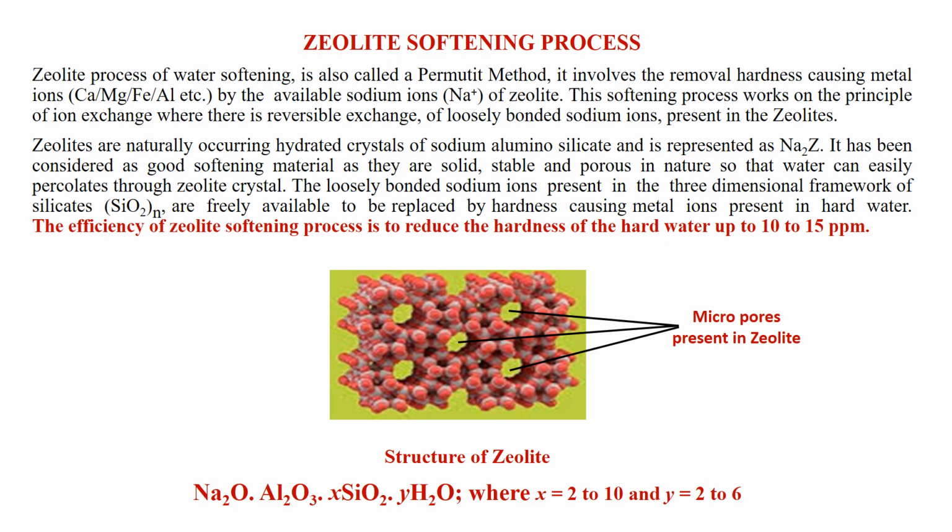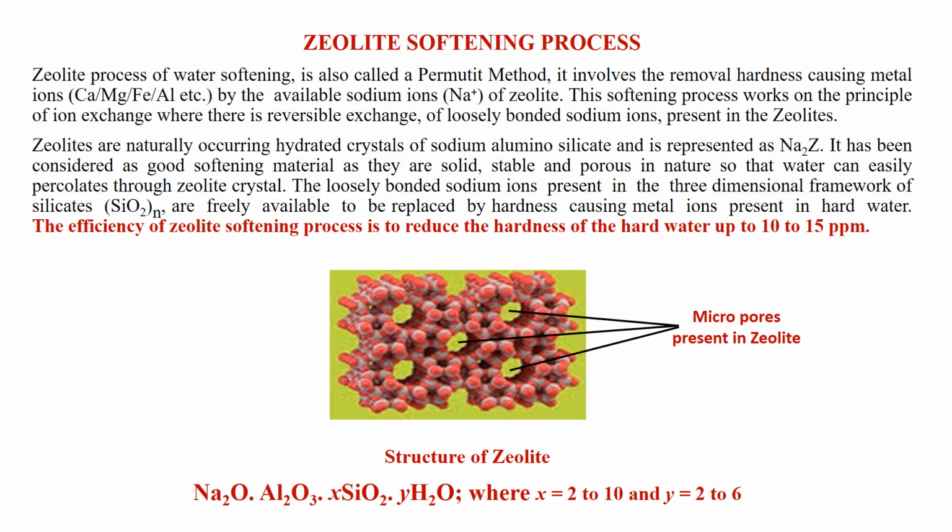Here the structure of zeolite is shown, where there are micropores present in the zeolite. As a result, this zeolite is porous in nature and water can easily pass through zeolite for better softening of hard water.